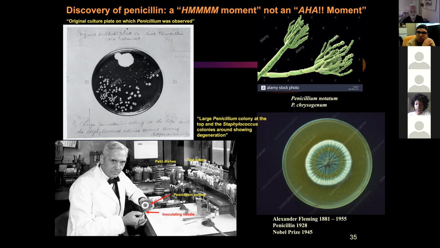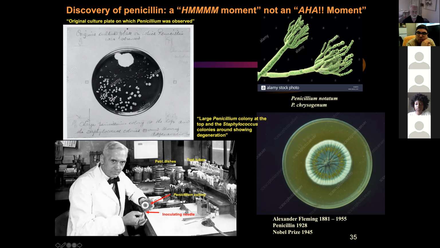So after thinking about that for a while, he made a hypothesis. And his hypothesis was that the fungus has produced something that's killing the bacteria. And that hypothesis turned out to be correct.